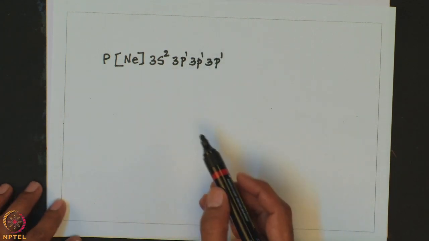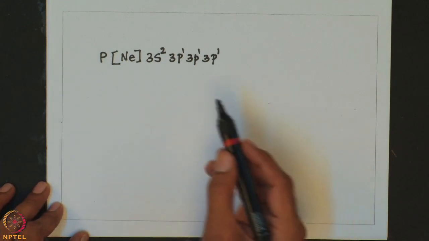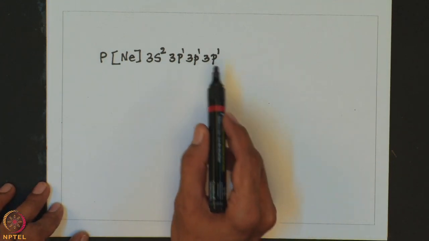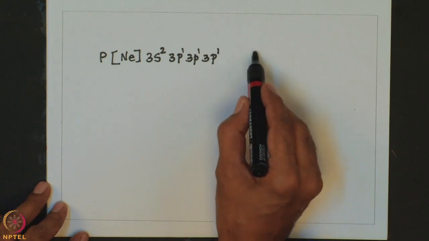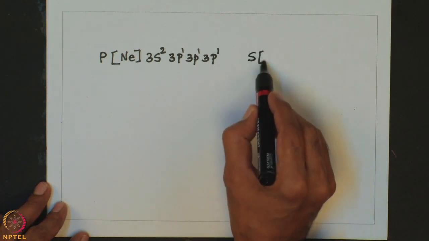Instead of writing 3p3, for simplification and better understanding I am writing 3p1, 3p1, 3p1. Similarly, let me write for sulfur as well.